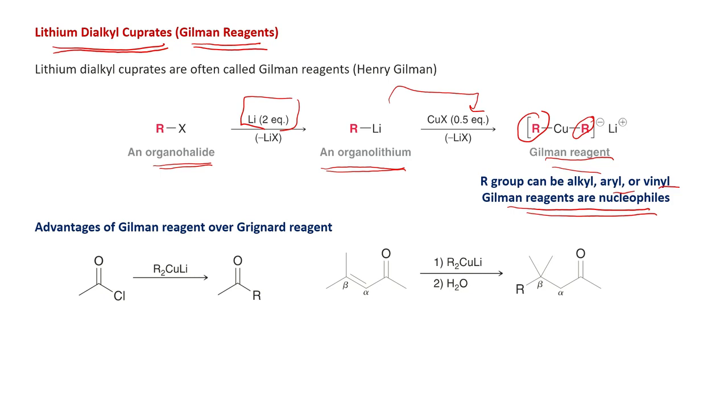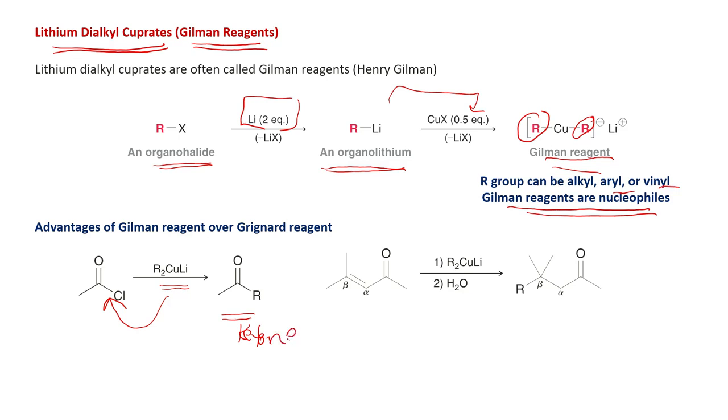Gilman reagents are nucleophilic in nature. So what is the advantage of Gilman reagent over Grignard reagent, or you can say the difference between reactivity of Gilman reagent and Grignard reagent? When your Gilman reagent reacts with acyl chloride, it will give you ketone.